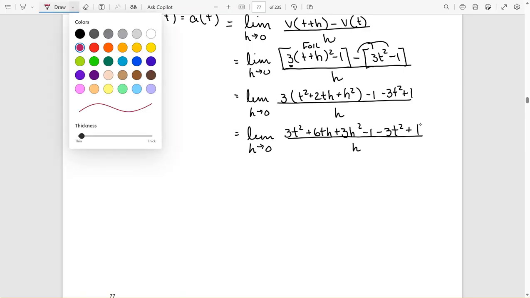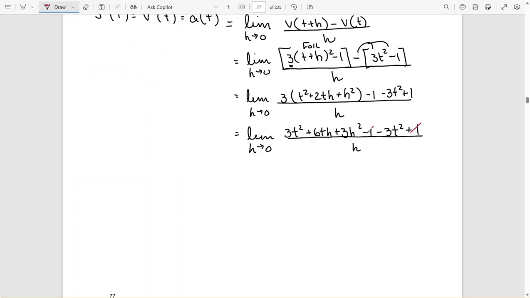So the plus 1 and the minus 1 are gone. The minus 3t squared and the plus 3t squared are gone. And so what you're left with are terms that have h's in them that you can factor out. So I'm going to factor out the h, and I'm left with 6t plus 3h, all divided by h.